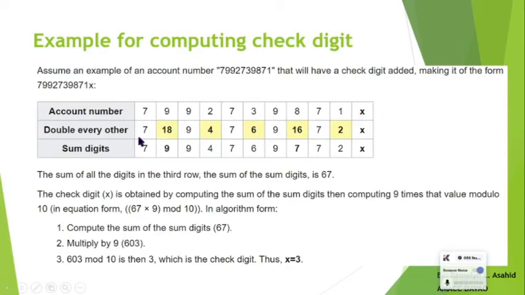Then, double every other number. So, yung 7, skip natin. Every other number, i-double natin. Then, the sum of the digits. Okay? So, ganito yan. Nakuha ito. Okay? So, yung every other digit, ito.